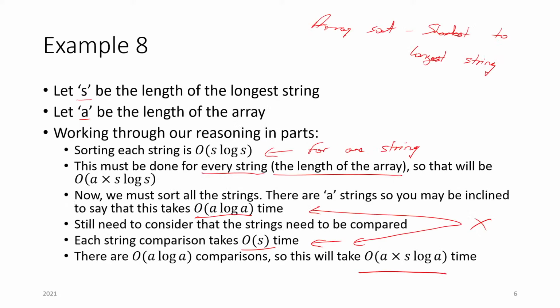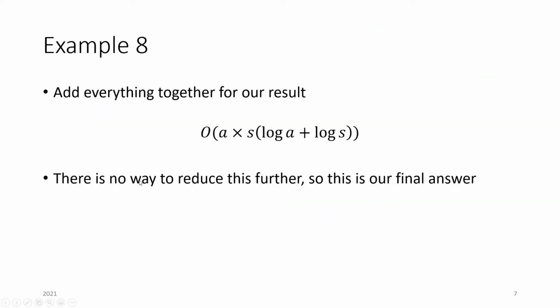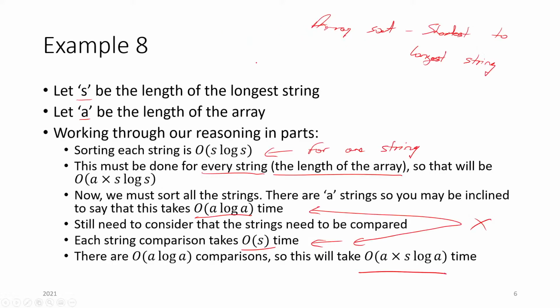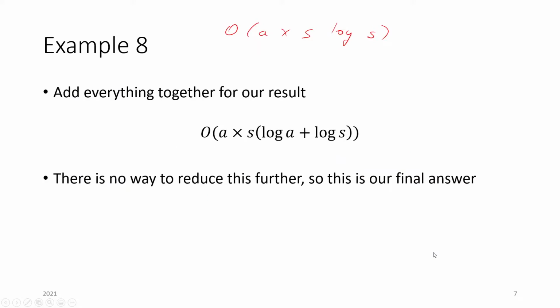Now let's watch this back to see how we got this. For our first two steps, we went up to O of A by S log of S. Let's write this out here. O of A by S log of S. And then for the other steps, we had O of A by S log of A. We need to add these two together.